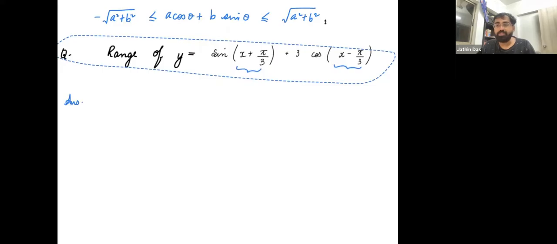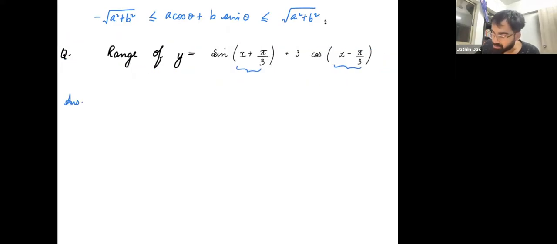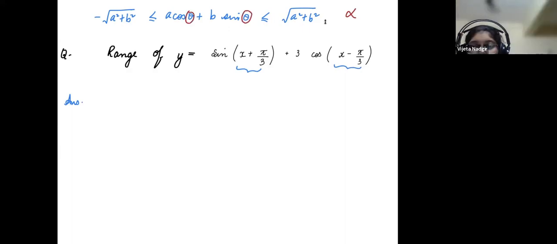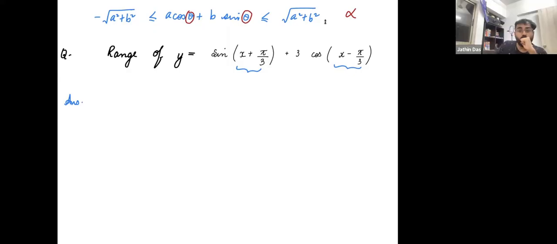So what will you do in this situation then? You cannot apply this. This is only valid if the angle is same. Then what will you do?